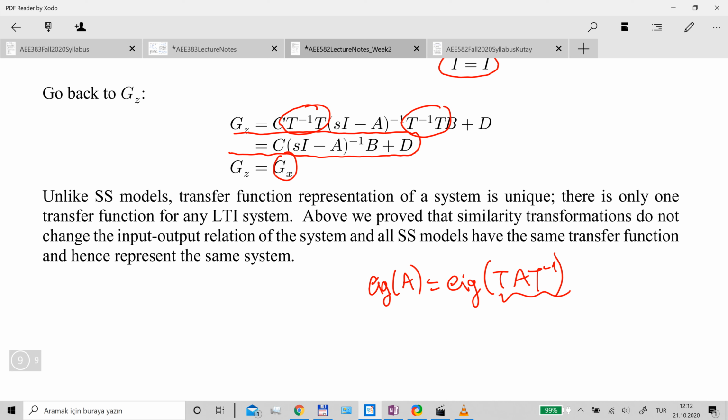You have controllable canonical form or observable canonical form. Each one of these special state space models has some advantages, and these advantages are used quite commonly in modern control. So we'll be talking about the details later.